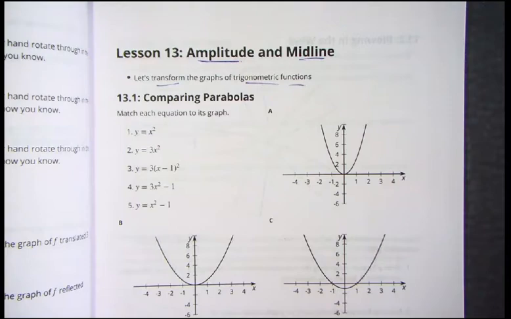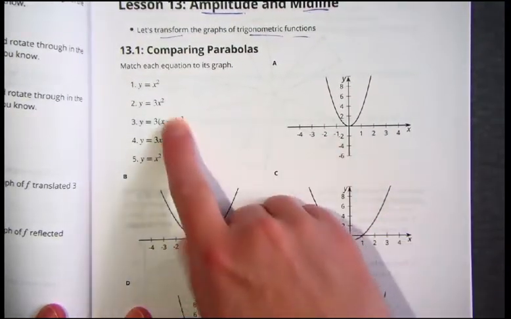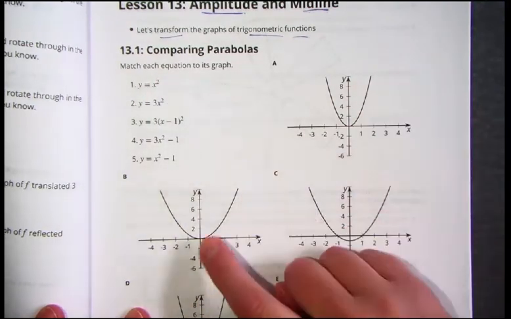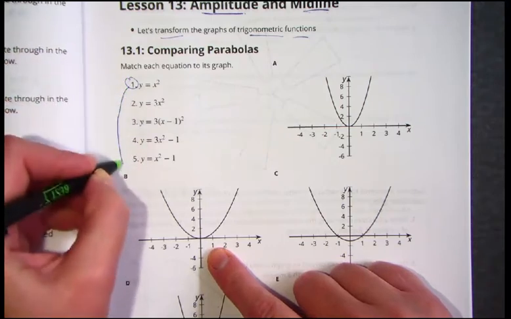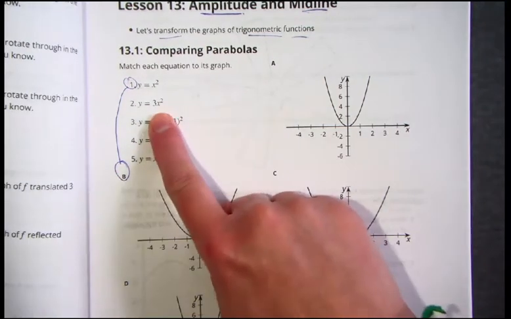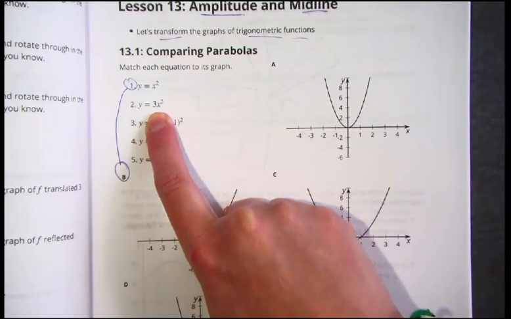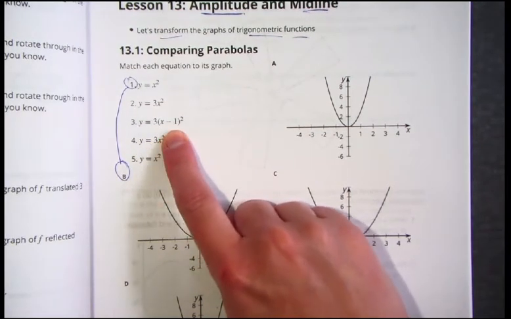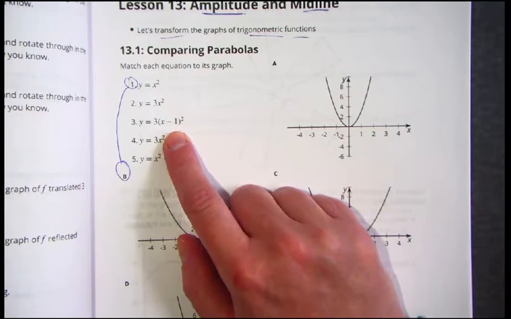All right. So our warm-up is just kind of reminding you that we can take any parabola, like B, and we can stretch it taller by putting a multiplier out in front, a vertical scalar. We can stretch it taller, and then we can slide it to the right 1 unit by subtracting 1 within parentheses with the x.